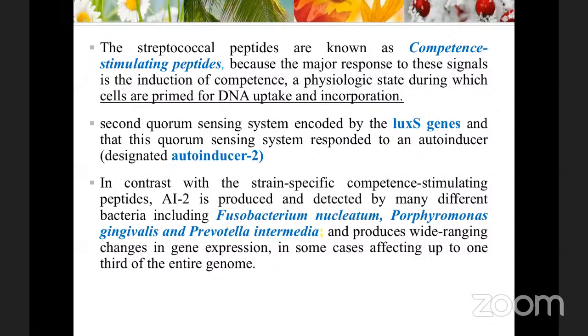The second quorum sensing system is encoded by the luxS gene, auto-inducer 2. Auto-inducer 2 is produced and detected by many different bacteria, including Fusobacterium nucleatum, P. gingivalis, Prevotella intermedia. They produce a wide variety of changes in gene expression.